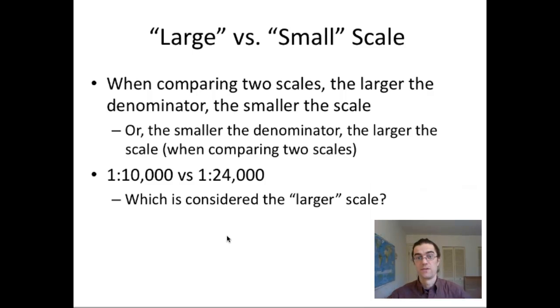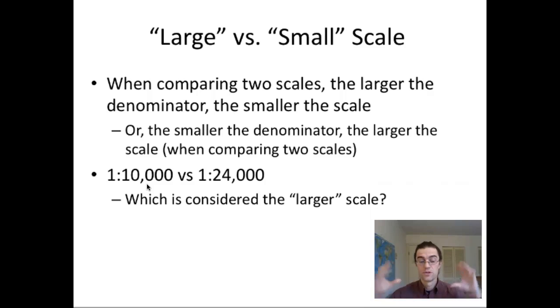One way to think of it is if you divide 1 by 10,000 or divide 1 by 24,000, that second one, the larger denominator, is actually a much smaller amount, almost 2.5 times smaller. So in this case, the larger scale is the literal larger number in terms of 1 divided by. 1 to 10,000 is a larger scale.